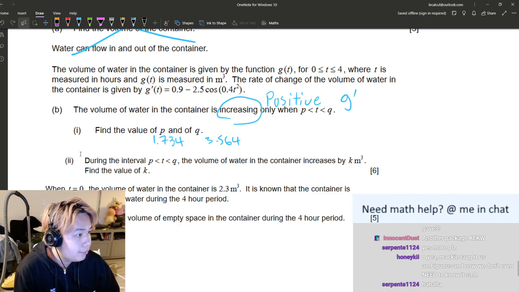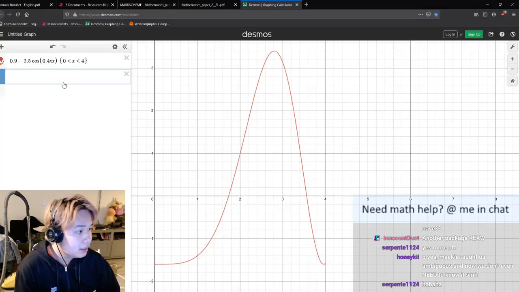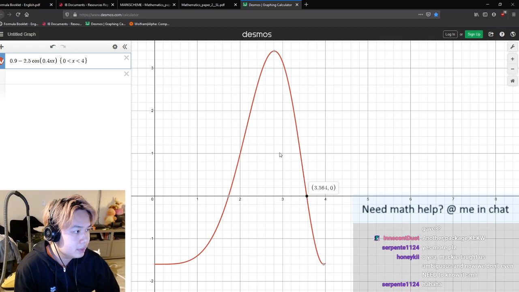Okay. Now, during this interval, the volume of water is going to increase by a certain amount. Then we need to find the value of K. So that means that to find the volume, I need to find the area between here and here. So that's just an integral.